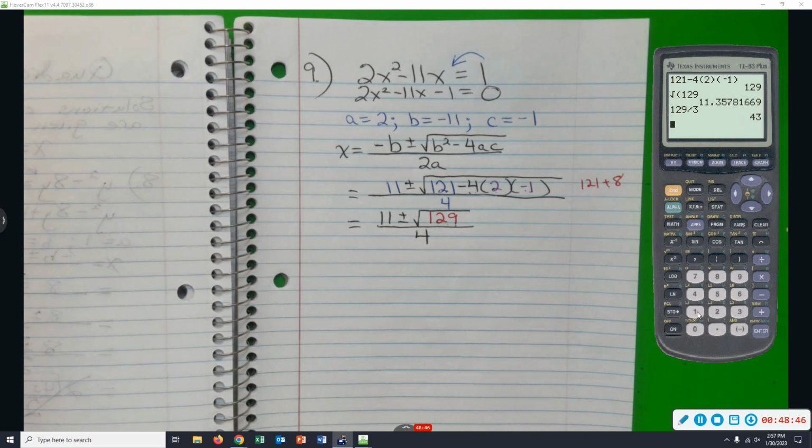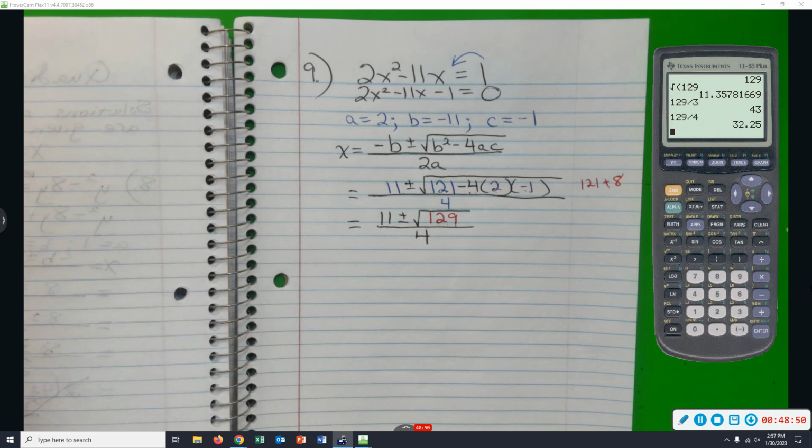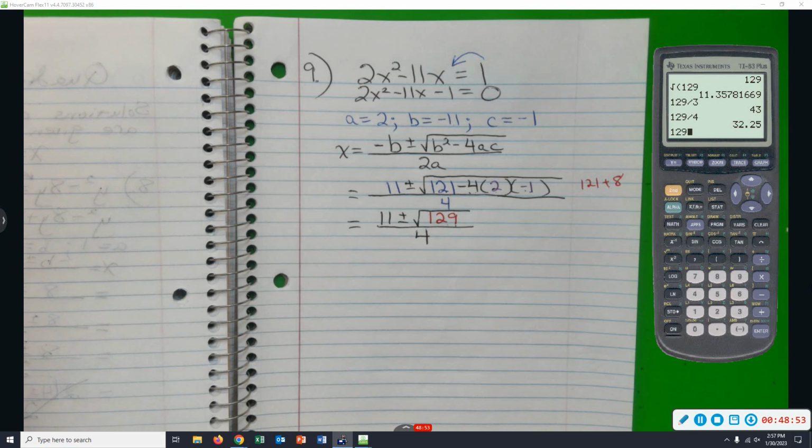3 times 43. Well, any perfect squares like 4, 9, 16. How far do I need to go before I decide? Nothing's going to divide evenly.